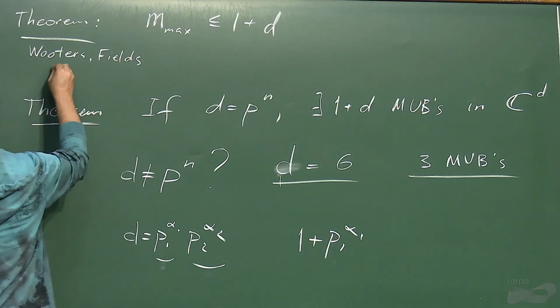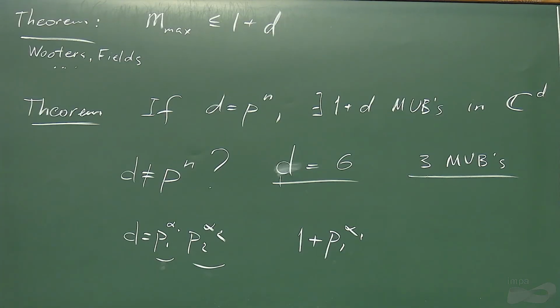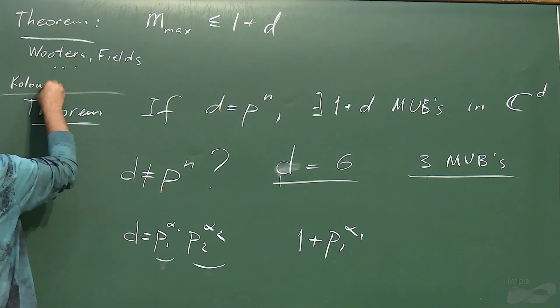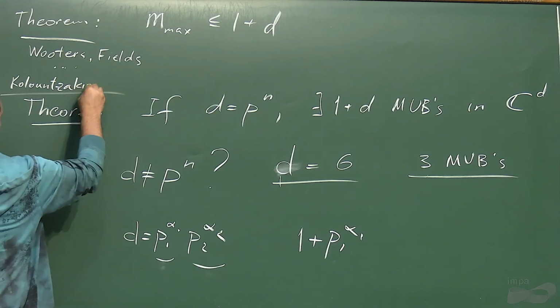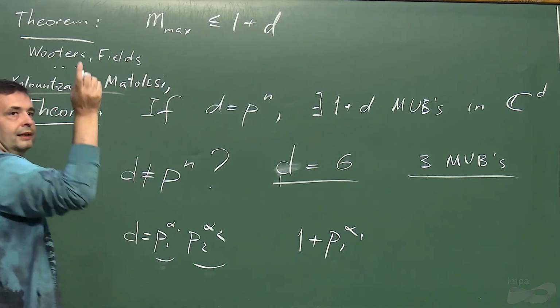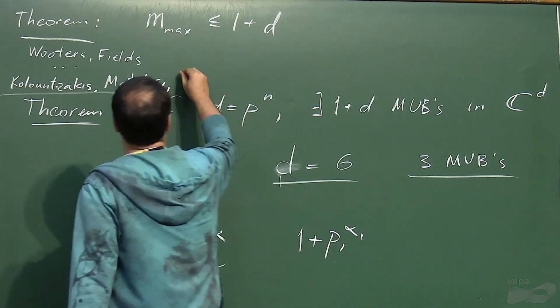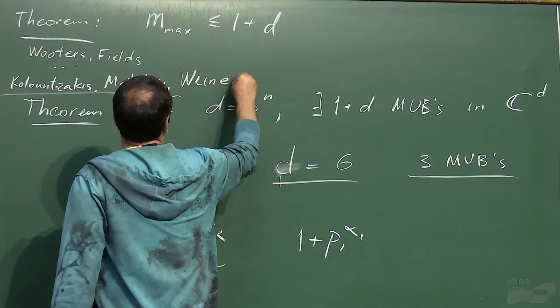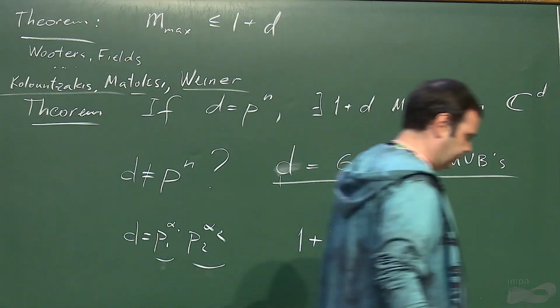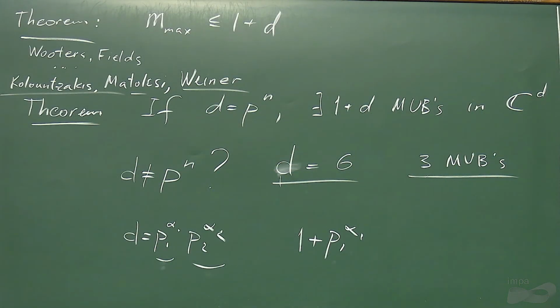There were several proofs afterwards, but the proof that I'm going to present, well, not exactly, but it's based on the proof that was given by Kolontzakis, Matolci, so two of Ilona's collaborators, and Weiner. So the argument I'll present is a little bit easier, but it's essentially their proof. And the proof is actually very simple.